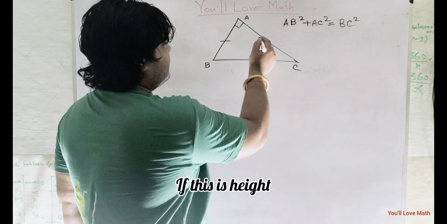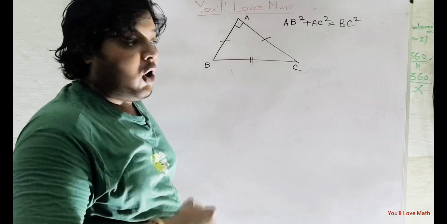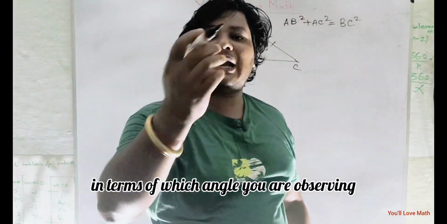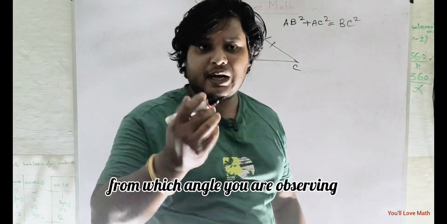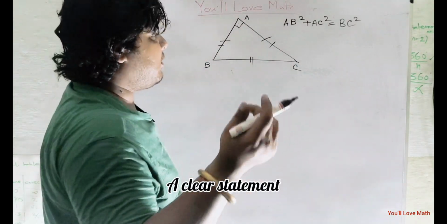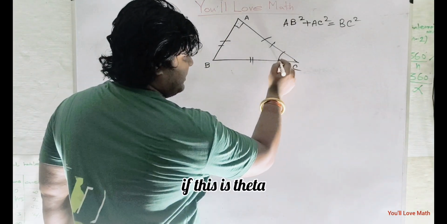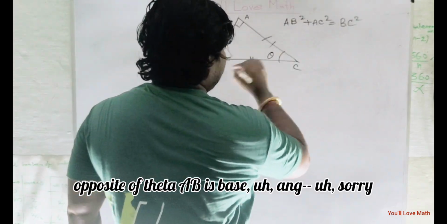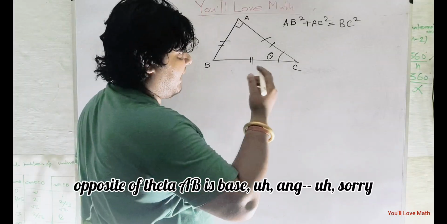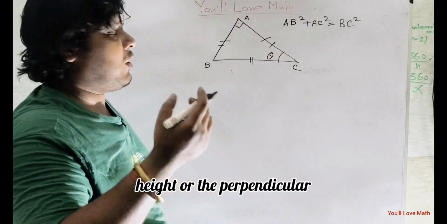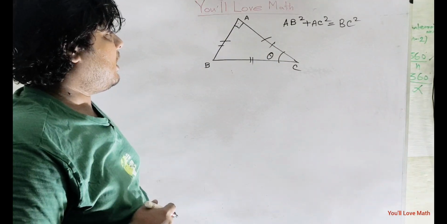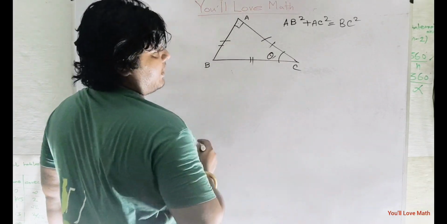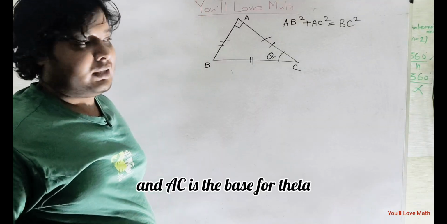This may be height or this may be base, in terms of which angle you are observing from. A clear statement is, if this is theta, then opposite of theta, AB is the height or the perpendicular with respect to theta, and AC is the base for theta.